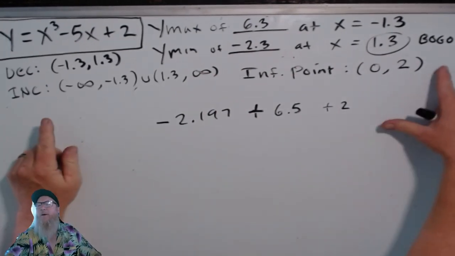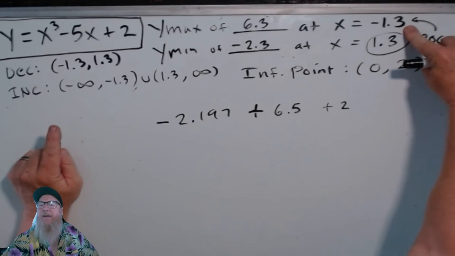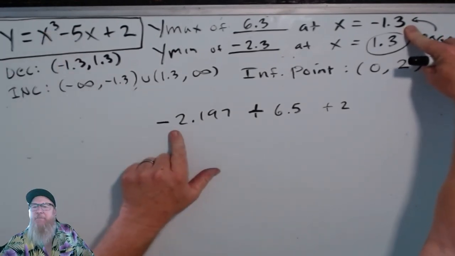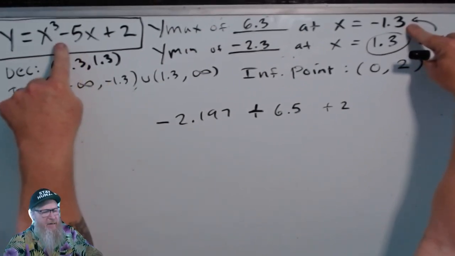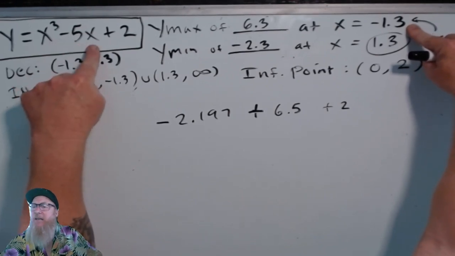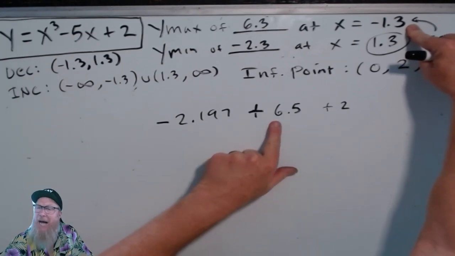You see how I got the BOGO, the buy one, get one, for the negative? When you plug a negative in, it's a negative number cubed. Well, that's going to be the same value, just negative. And then when you plug a negative into this part, negative 5 times negative 1.3, again, it's going to be the same value. It's just going to be positive.